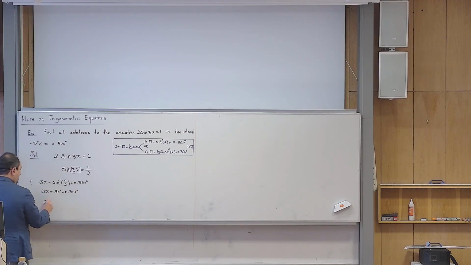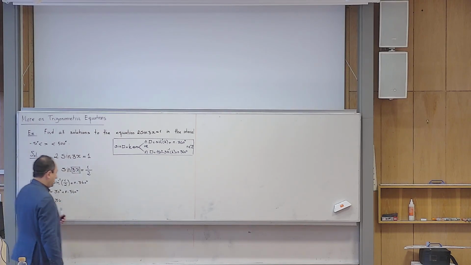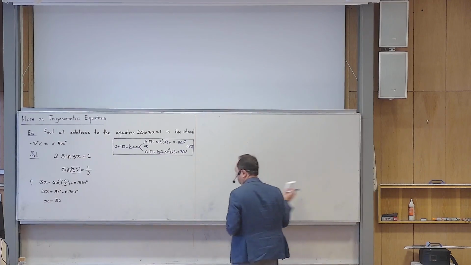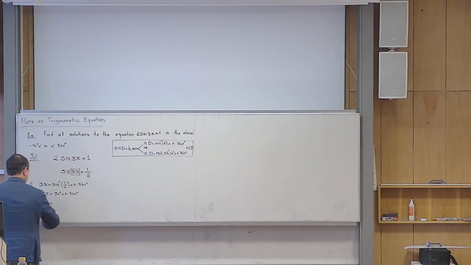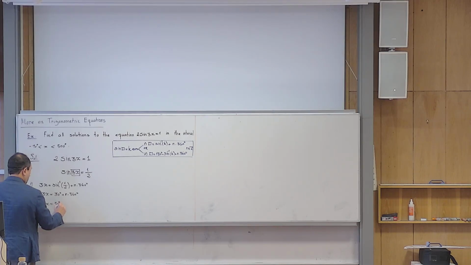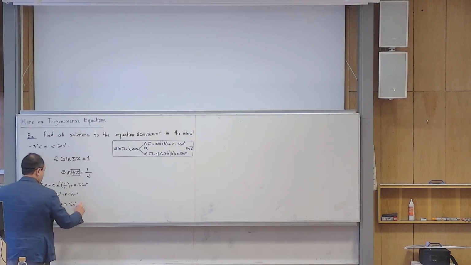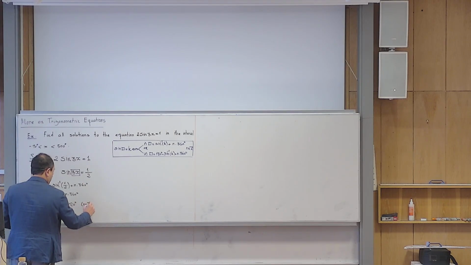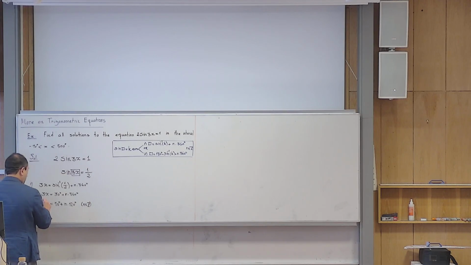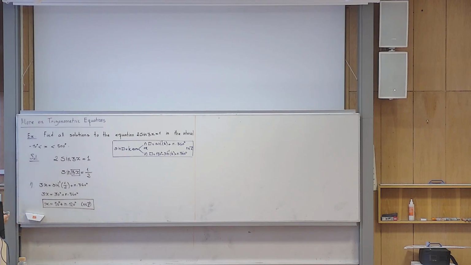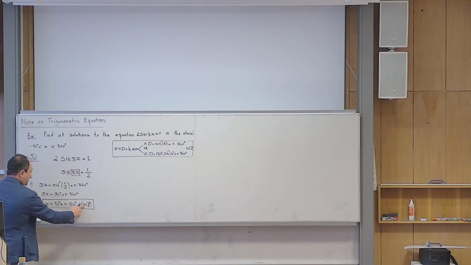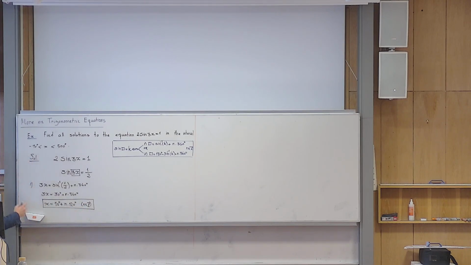I am looking for x, so I have to make it alone. I divide everything by 3. Oops, it becomes 10 plus 120, yes? So x becomes 10 degrees plus n times 120 degrees, and n is an integer. Okay, so this is one possible solution. But of course, how many solutions do I get? I get infinitely many, one for each choice of n from the set of integers.